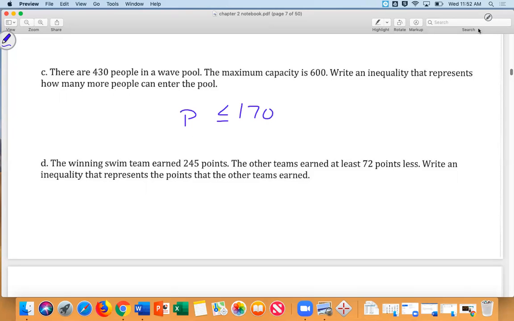What would the second place team have? 245, and they had at least 72 points less. You had a good number. 173. Very good. Which means the other teams had to have less than 173 points because you came in first place. Nicely done.